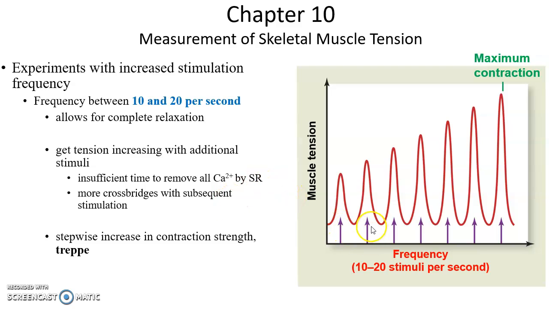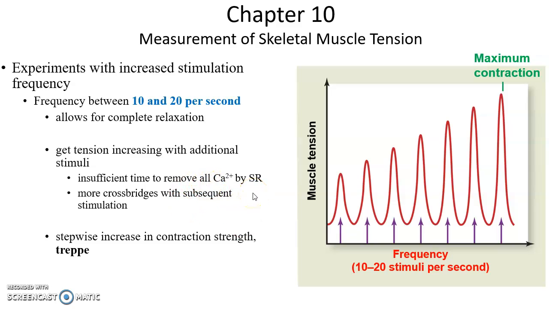Each time it's the same voltage, but because it's occurring so rapidly, the force generated is increased. It's thought that this additional tension is because calcium ions did not have enough time to completely return to the sarcoplasmic reticulum.